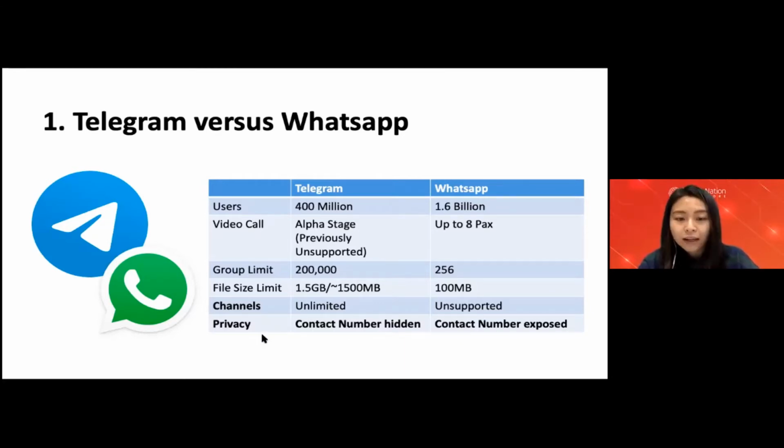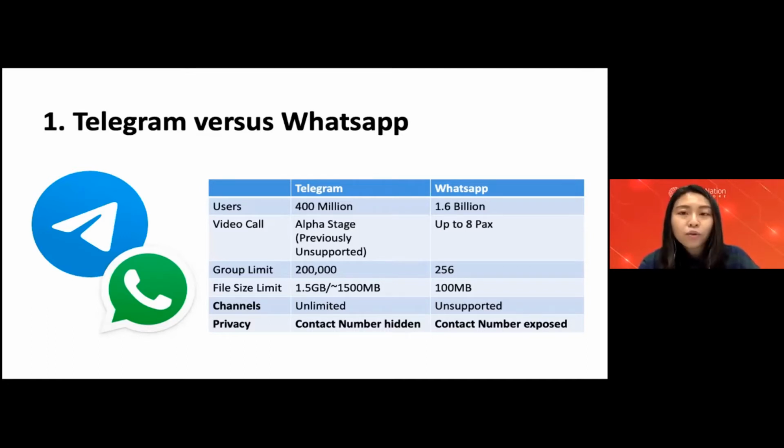And then for privacy, some of us also like that in Telegram, our contact number is hidden, whereas in WhatsApp, usually you can see the contact number. For instance, if I'm added into a group chat and someone I don't know replies in the group chat, I can see his number displayed, and I can only guess who this person is by his name.